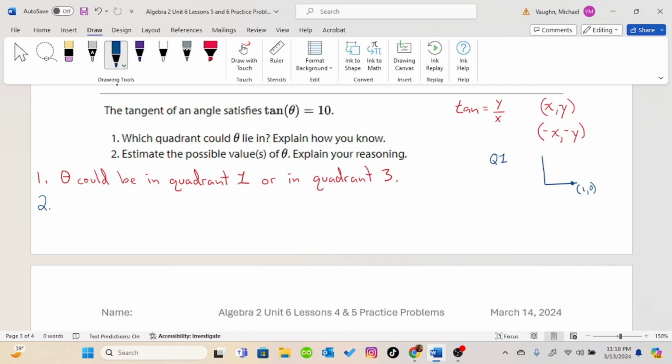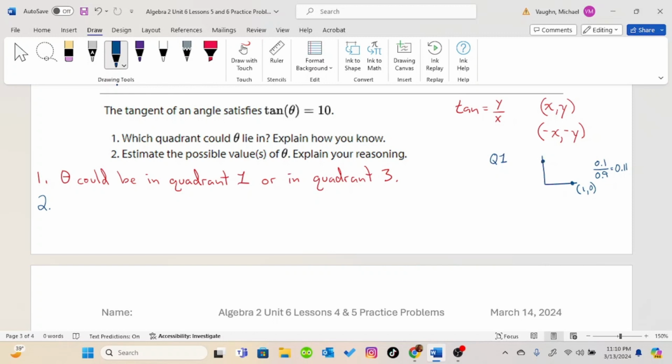But if we were really close down here, we could be at 0.1 divided by 0.9, which would equal 0.11. And that's not close to 10. So we don't want to be down towards the bottom part of quadrant 1.